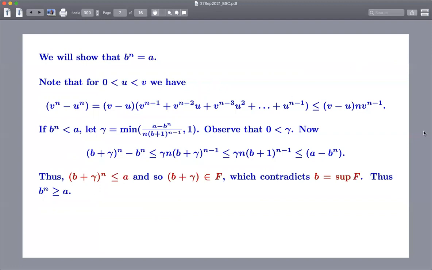Okay, somebody has asked a question. Let me read what the question is. Soham has asked a question and I don't understand.